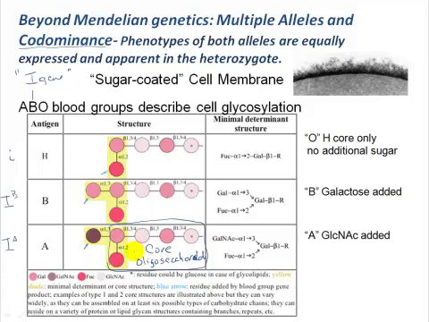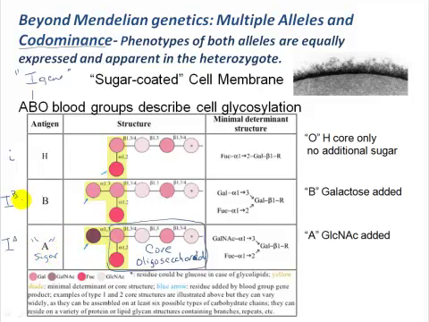All right. So in the case of the IA allele, this version of the enzyme adds on an N-acetylgalactosamine residue onto that core oligosaccharide. And we call that the A-type sugar. So that's the A-type sugar pattern.